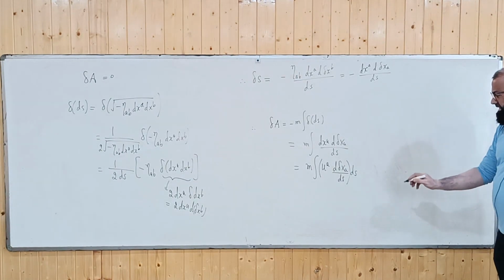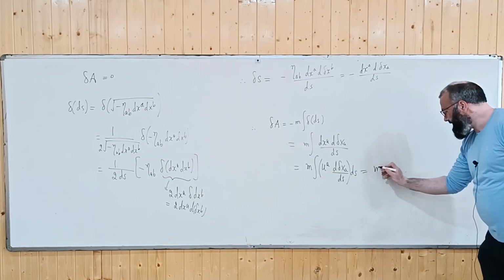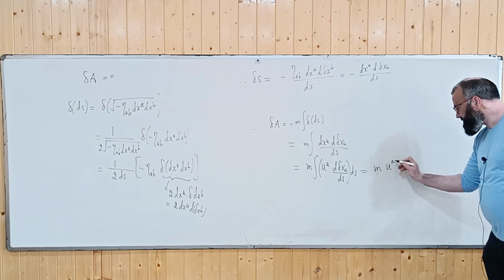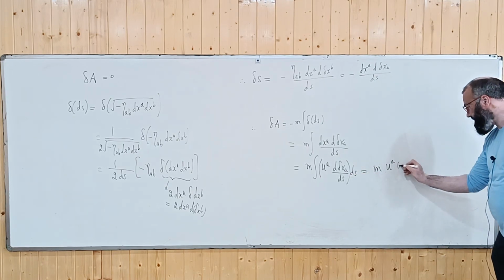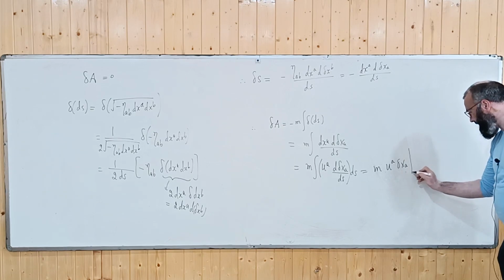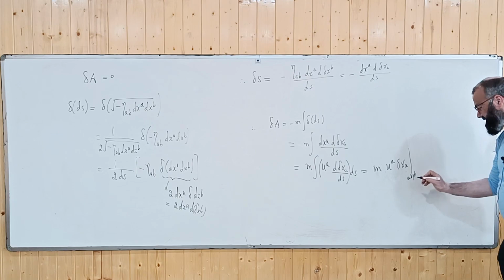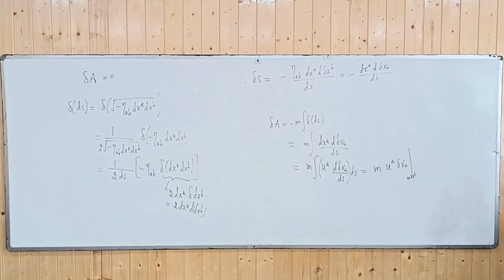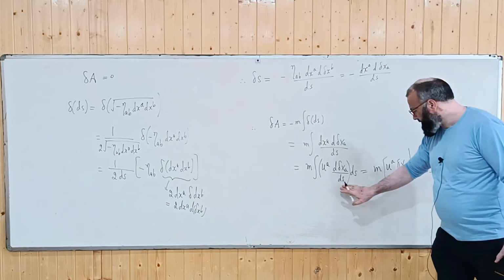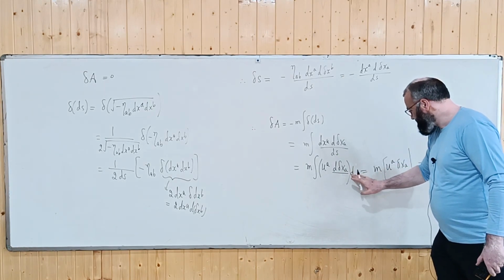Now let's integrate this by parts. So I can write m ua delta xa defined at the endpoints of the trajectory. Then minus the integral of the differentiation of u, so it is dua by ds.